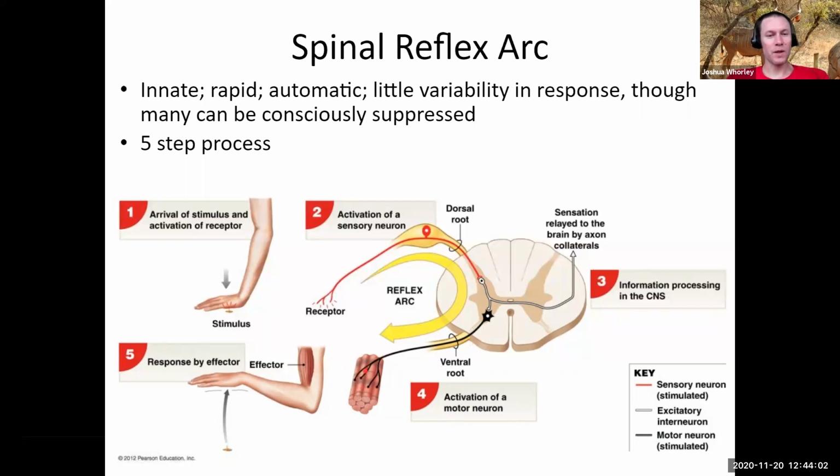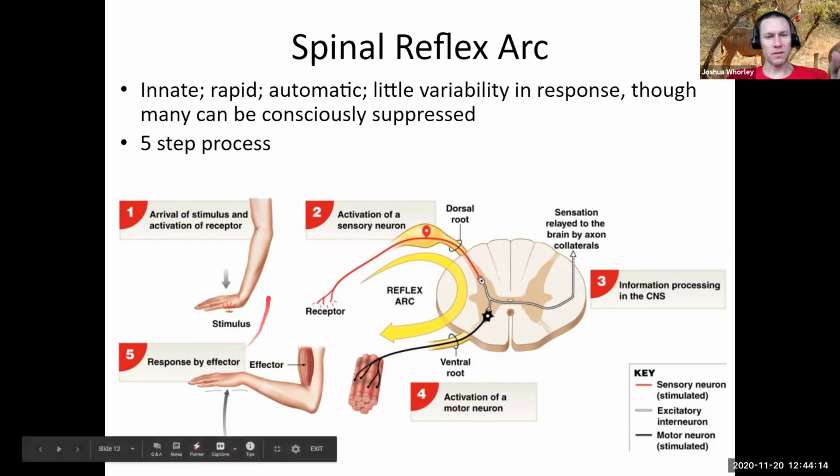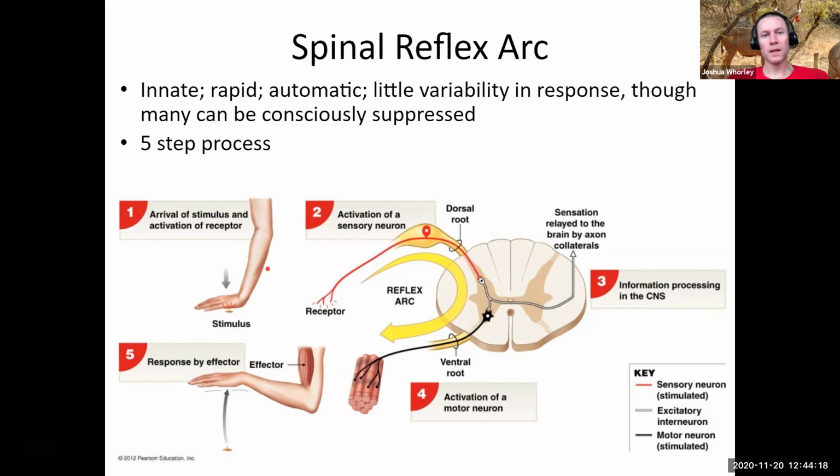So this entire motor unit. And the final thing there, the response, is the contraction of the effector, in this case, the skeletal muscle. So these are the 5 steps, and this is more or less invariable no matter what type of reflex we're talking about. This specifically, though, is a spinal reflex arc, and it's a somatic reflex arc.